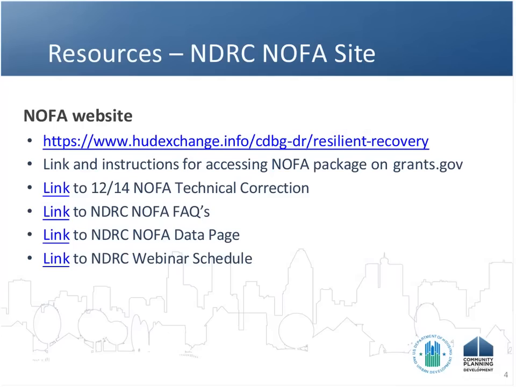My question relates to the relationship between the comprehensive approach and the tie-back to unmet needs. The answer that was given on the comprehensive approach was that the risks should be considered also in relation to disasters other than the particular declared disaster.